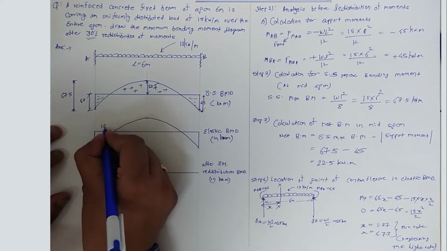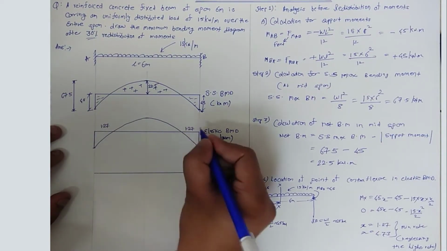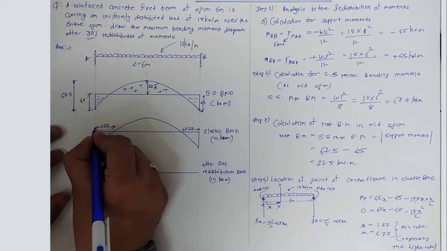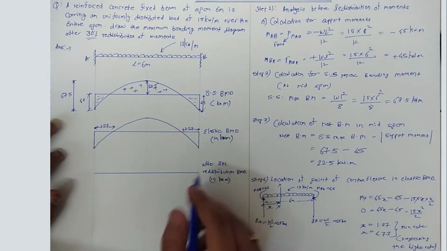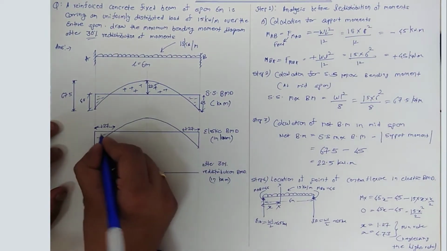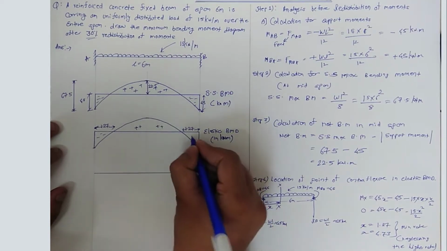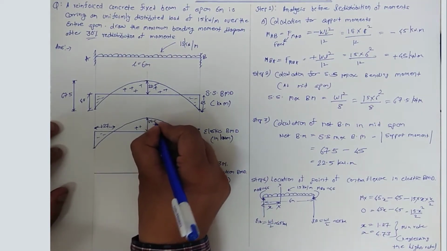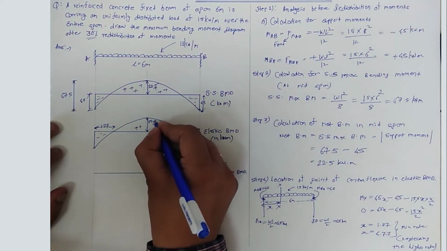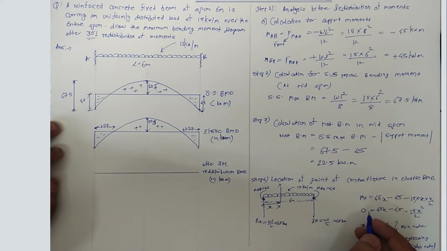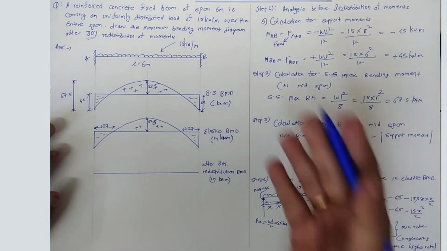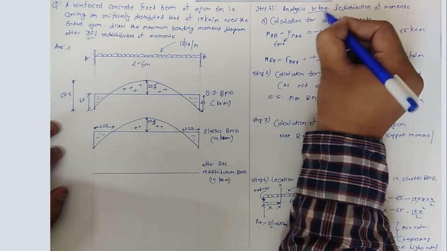This distance will be 1.27. Just now we calculated the point of contraflexure, which means the point where the bending moment diagram changes sign. So it is negative, positive, negative, and this distance will be 22.5. Clear?